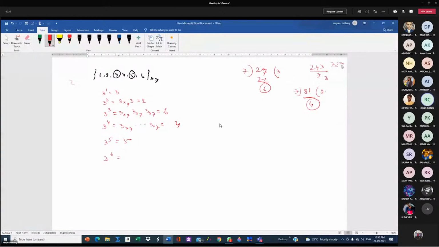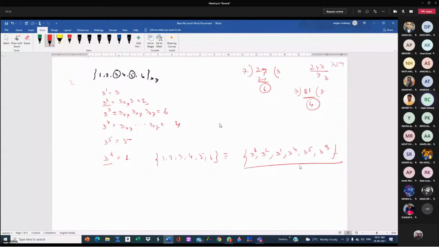So you can write 1, 2, 3, 4, 5, 6 in terms of what? 1 is 3 to the power 6, 2 is 3 square, 3 is 3 to the power 1, 4 is 3 to the power 4, 5 is 3 to the power 5, and 6 is 3 to the power 3. So yes, 3 is the generator of this.